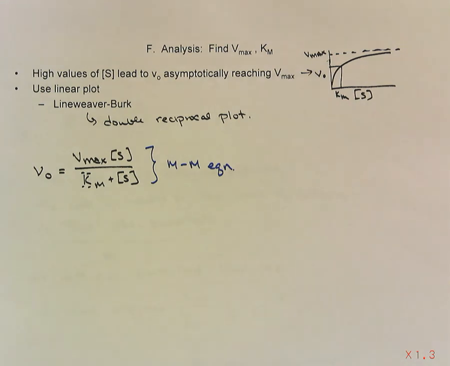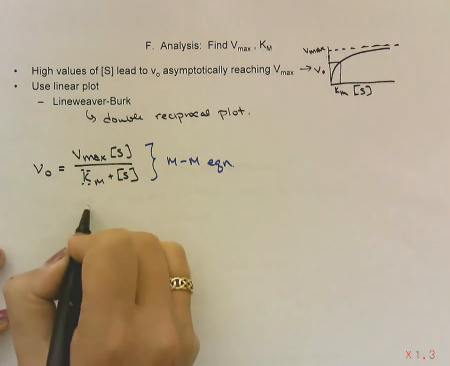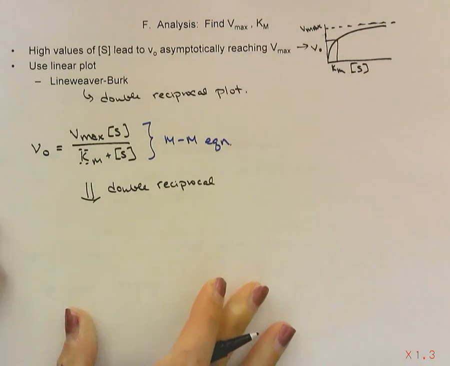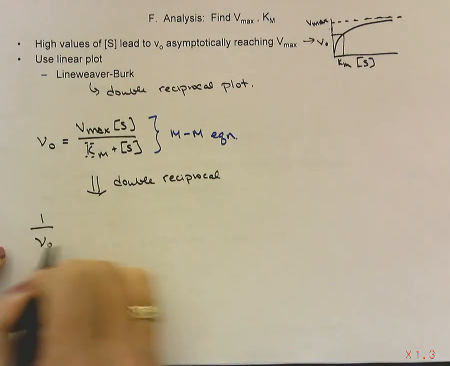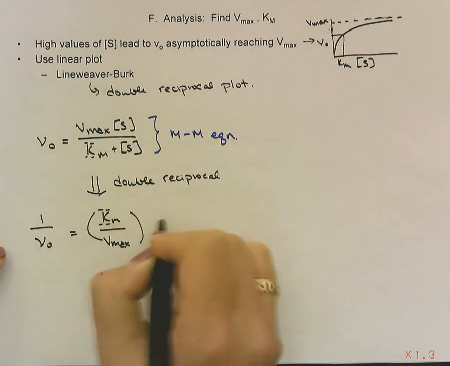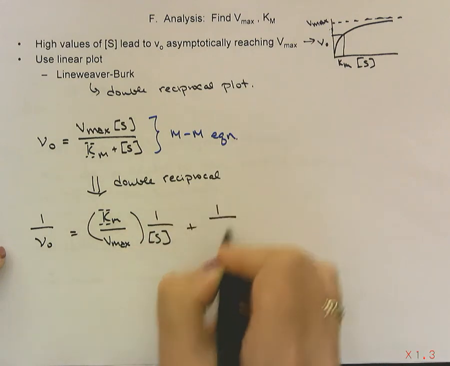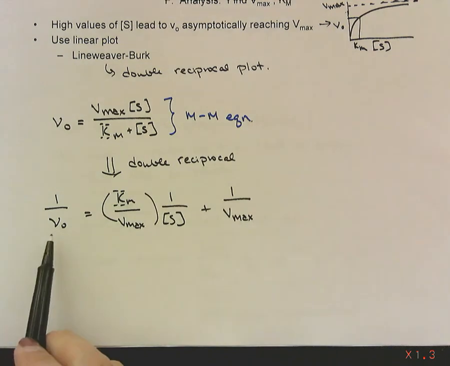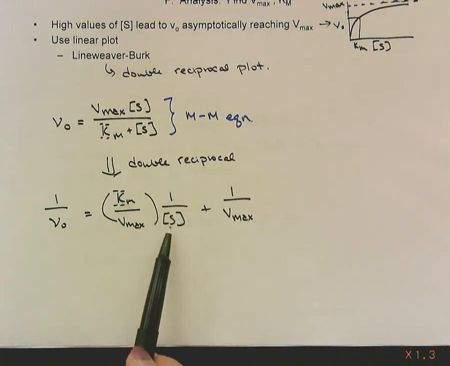I am now going to take the double reciprocal of this equation, which comes out to this form: 1 over initial velocity equals Km over Vmax times 1 over substrate concentration, plus 1 over Vmax.